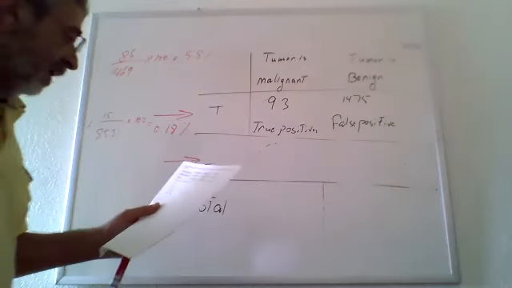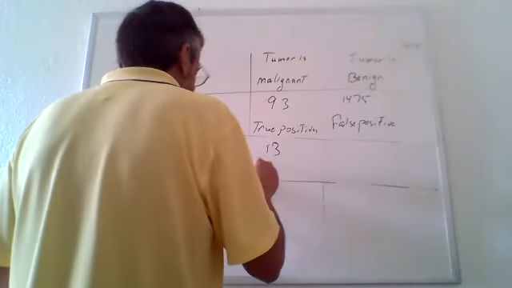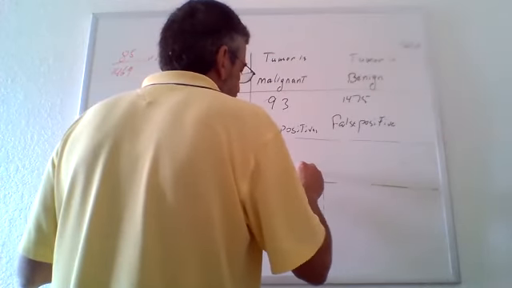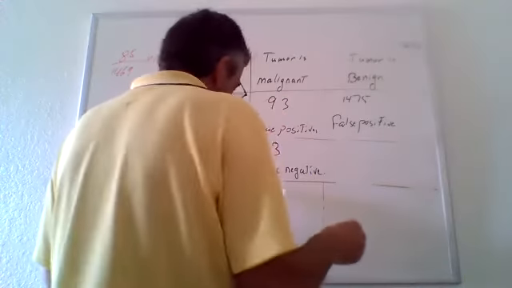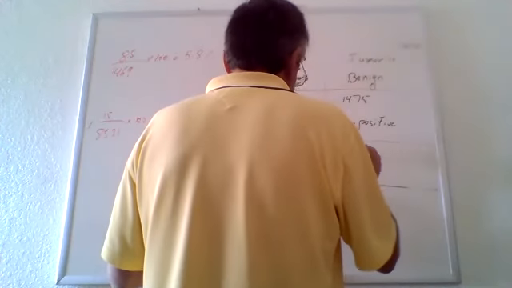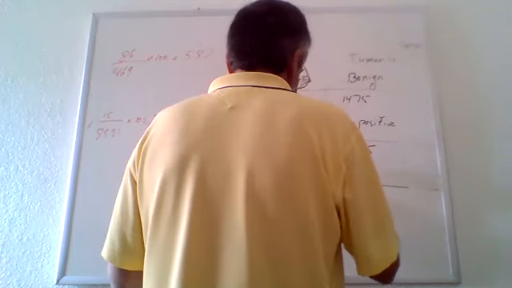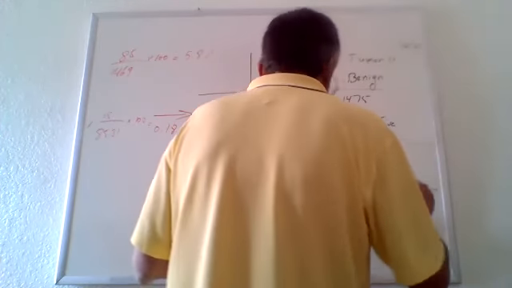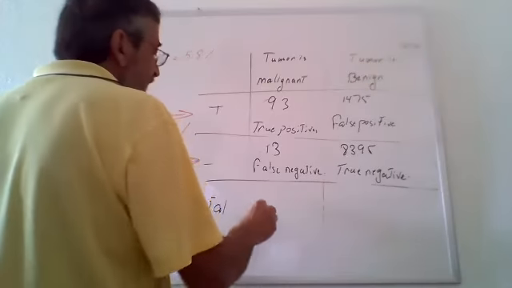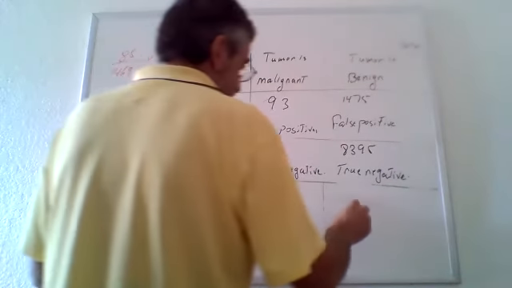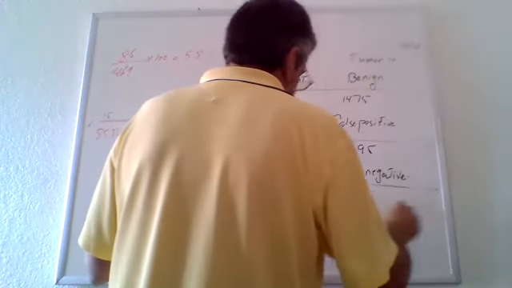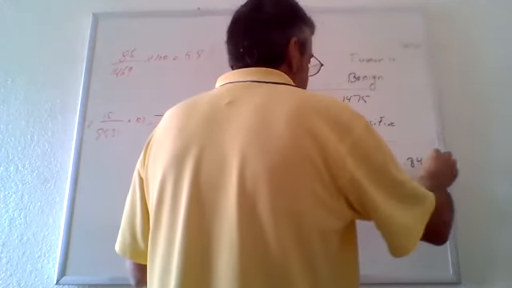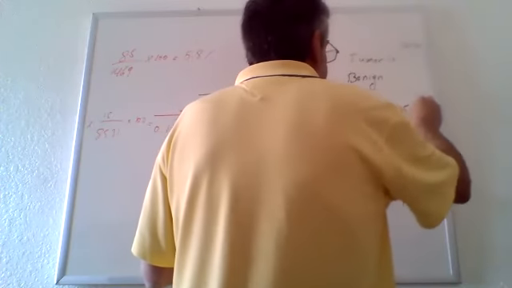And we also have 13 false negative. And then we have 8395 true negative. We have a total of 106, 9870, 9976, 8408, 1568.